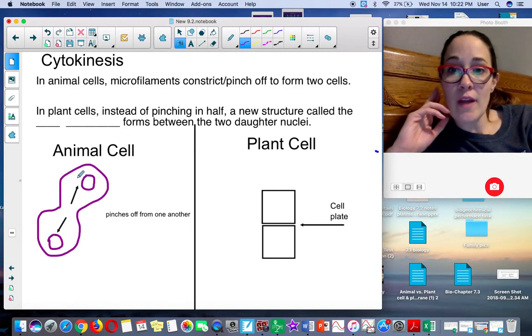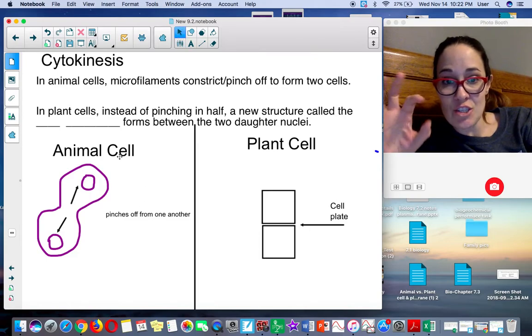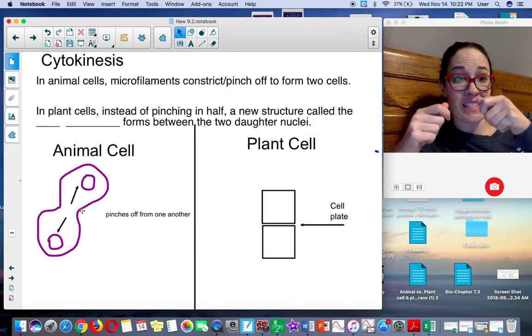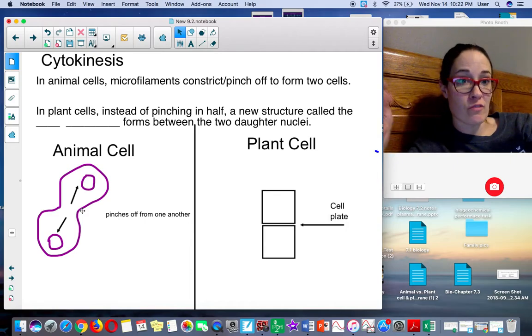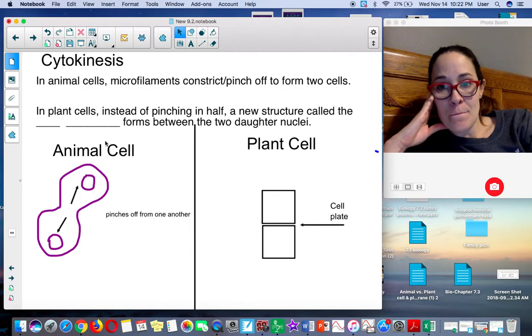In animal cells, the microfilaments actually pinch off to form two cells. Like if I had a piece of taffy and I pulled it apart, it's pinching it off. And this little indent is called a cleavage furrow.